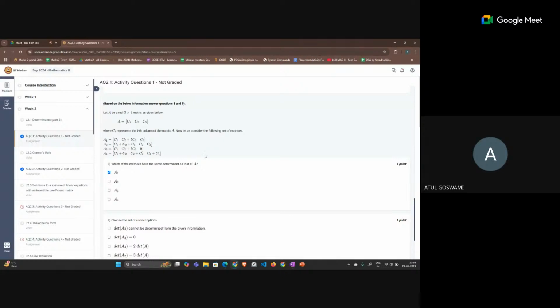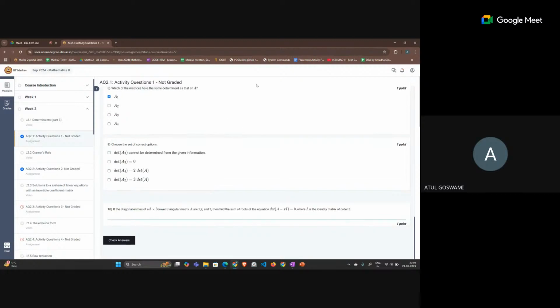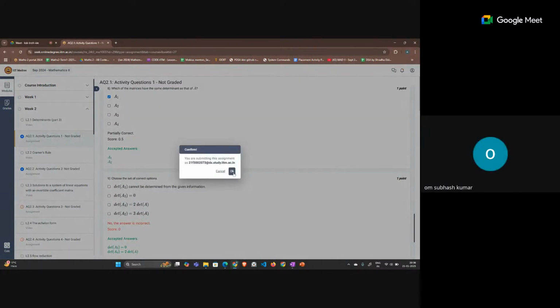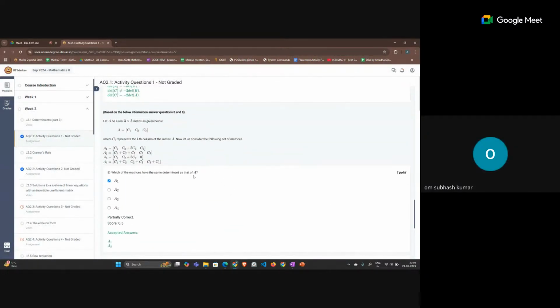Then in A2, we are taking column 1 and adding column 2 and column 3, and column 2 and column 3 stay as they are. So no problem.